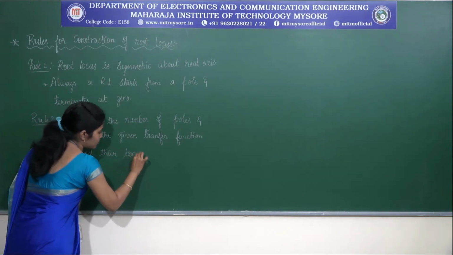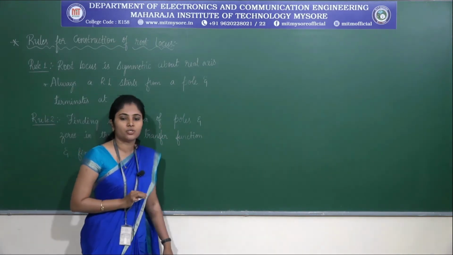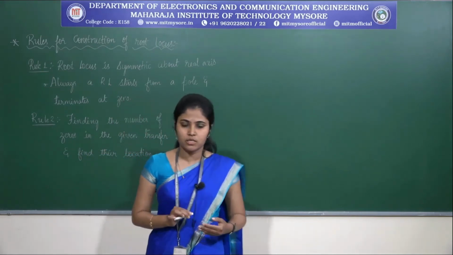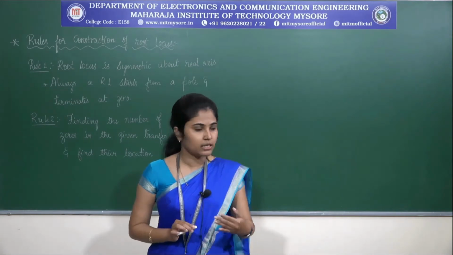Okay, so this is nothing but rule number 2, that is, in the given transfer function, how many poles and zeros are present and where are they located. So that is done in rule 2.